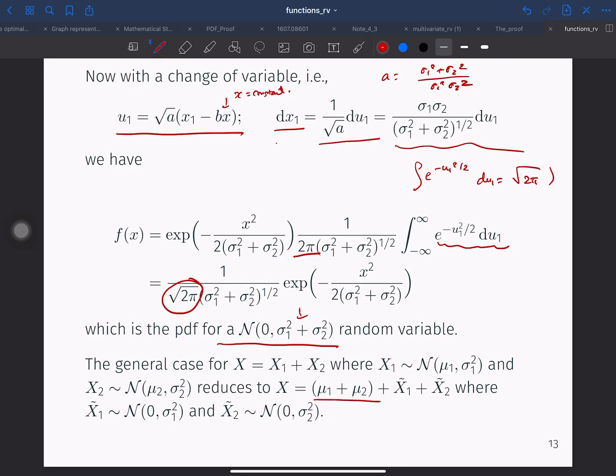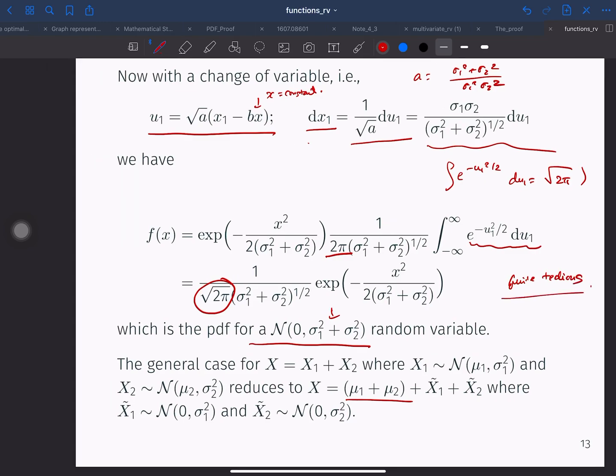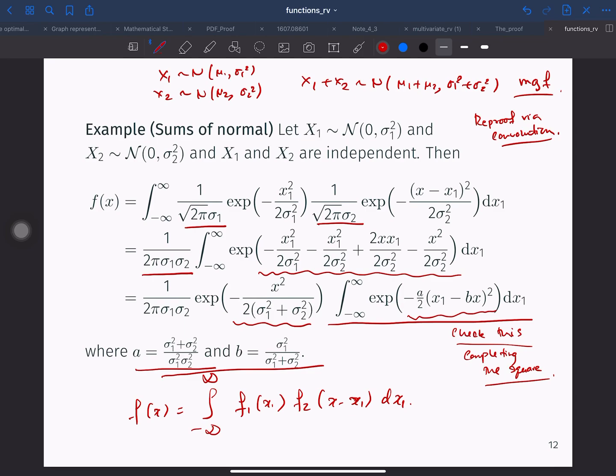So this example here, conceptually, is not too difficult, but it is quite tedious. The part that is tedious is simply showing that this quantity here can be expanded out into this quantity and this quantity here by completing the square.